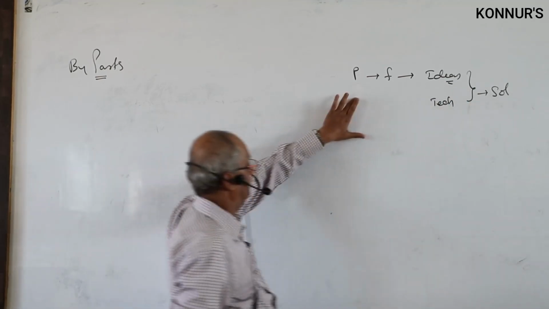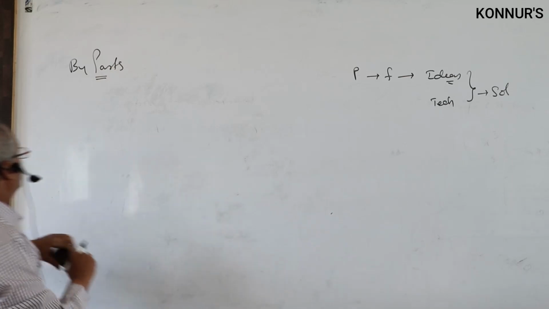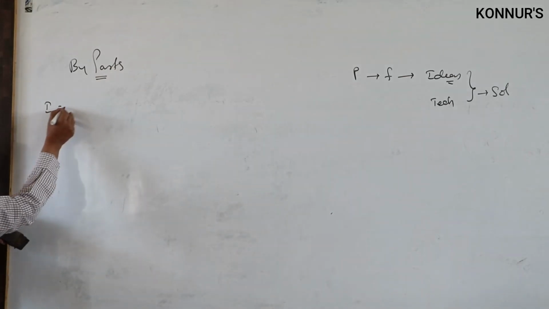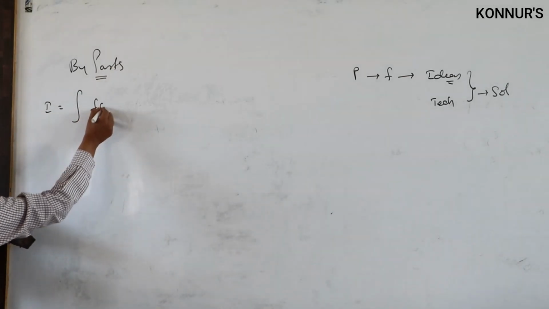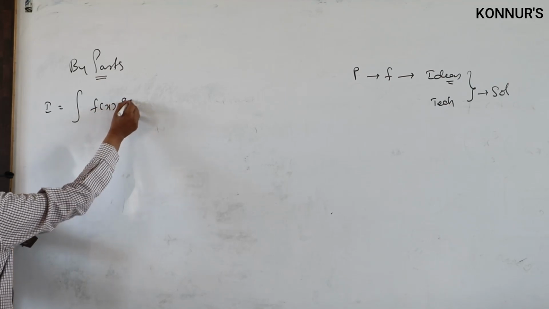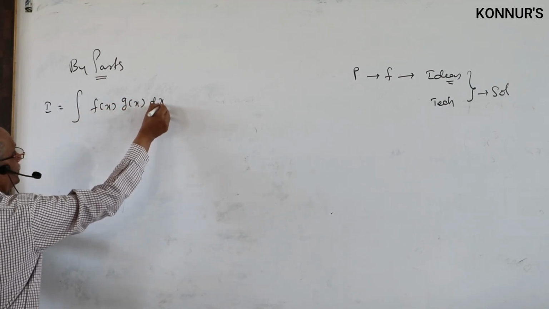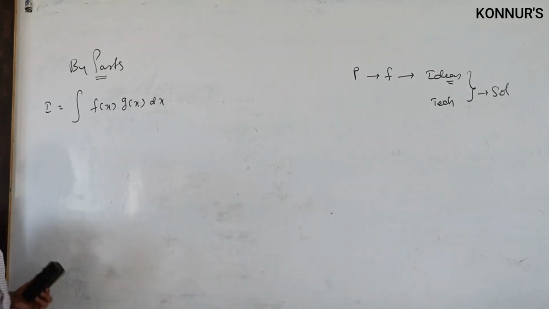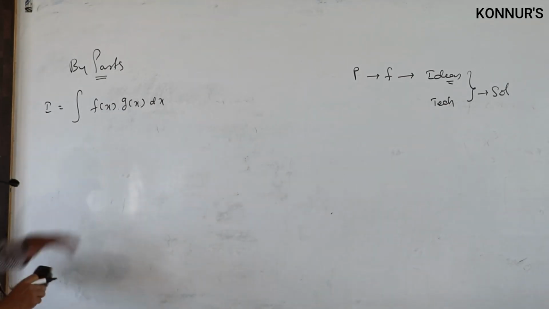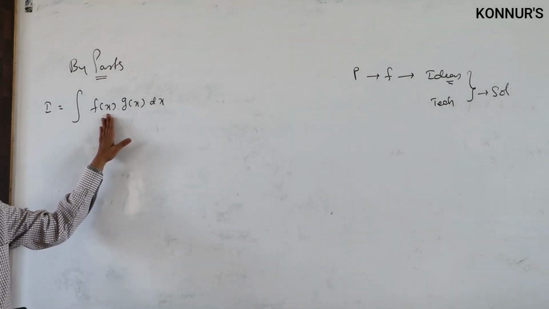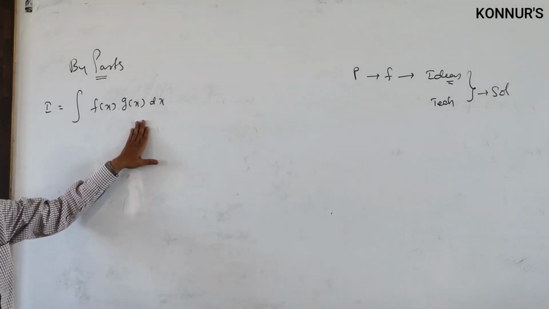Now I am giving you 3 levels. Here, by parts. First I will give you the formula. I is equal to the integral of the product of two given functions f of x and g of x, such that both of them have their own derivatives independently.